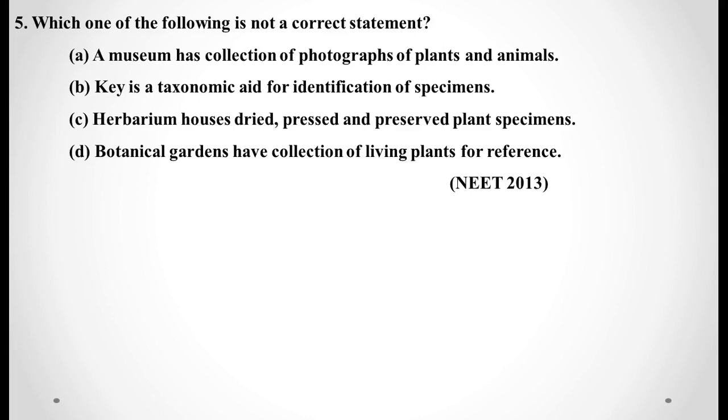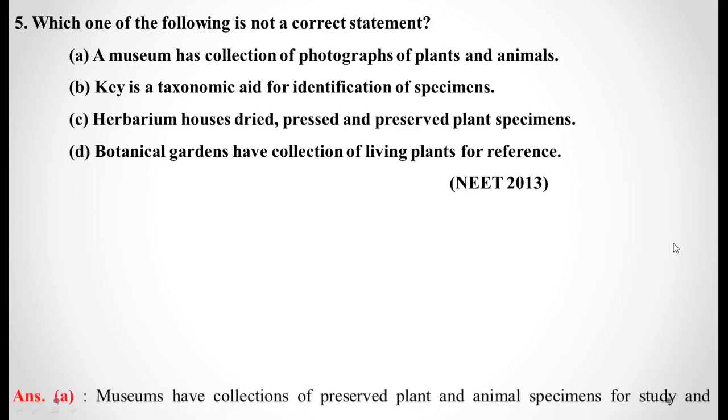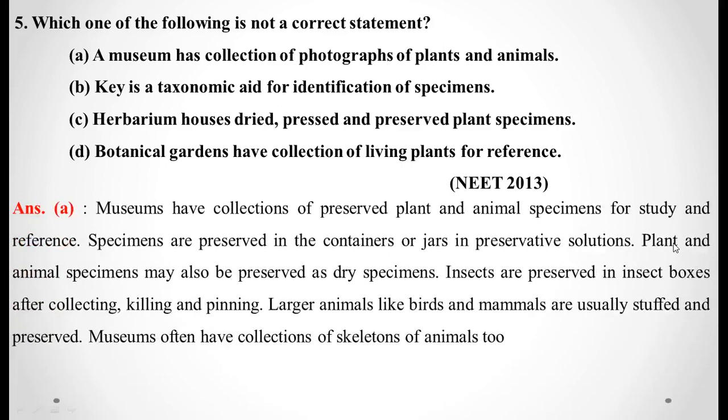So the right option is A, which is incorrect. As I explained earlier, a museum has a collection of preserved plant and animal specimens for study and reference. Specimens are preserved in containers or jars in a preservative solution like formalin.